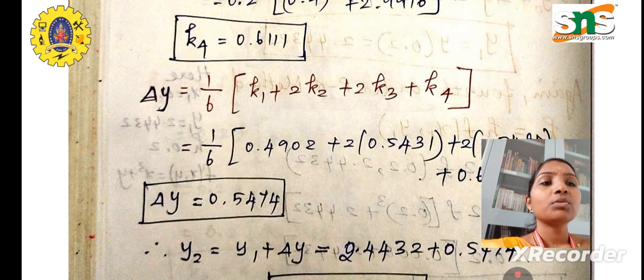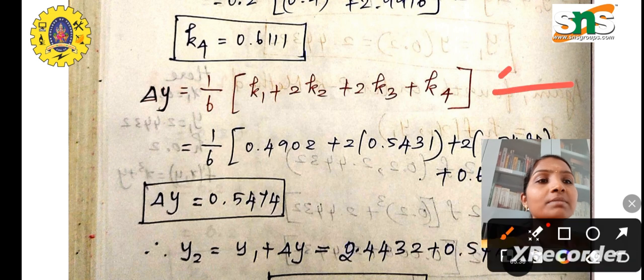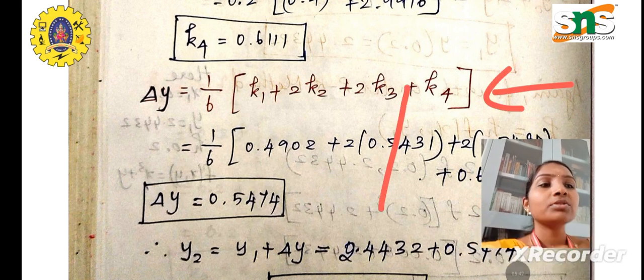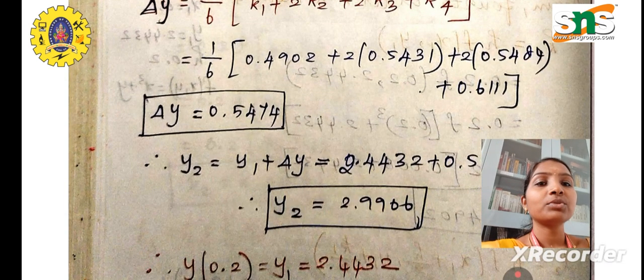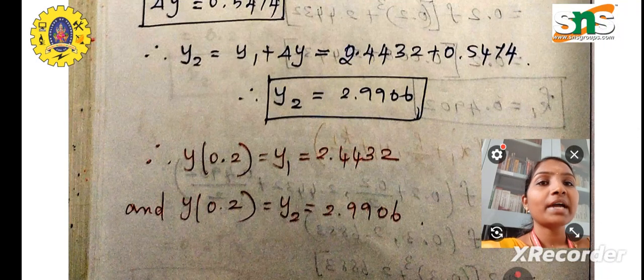Del y is equal to 1 by 6 into k1 plus 2 k2 plus 2 k3 plus k4. This is what the formula says. After this, we are just simplifying it using simple calculations, and we will have del y as 0.5474. And now the ultimate aim is to find the value of y2.